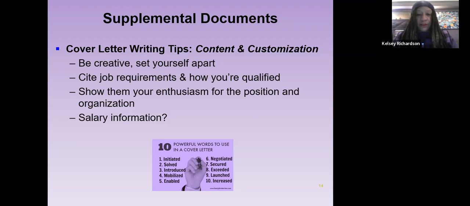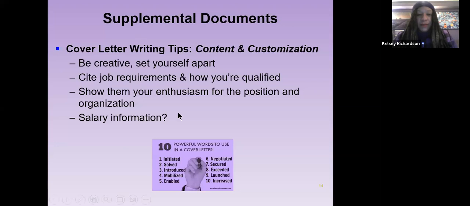So just make sure that you focus it, and you're citing the job requirements and how you're qualified. The bullet points can also make that part easier. Sometimes people literally put in those bullet points the responsibility for the position, and then "I have experience with this," so they'll specifically mention the job requirement and the qualification that they have, and you can do that too.